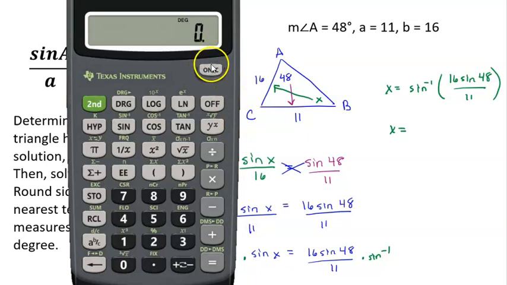So I'm going to make sure it's all cleared out. And remember, you start with what's inside the parentheses. So we've got 16 times 48 sine, press equals, divided by 11, equals, and then I'm going to do second sine, and it gives me the error. That means there's no solution.